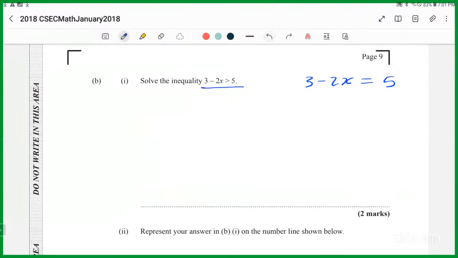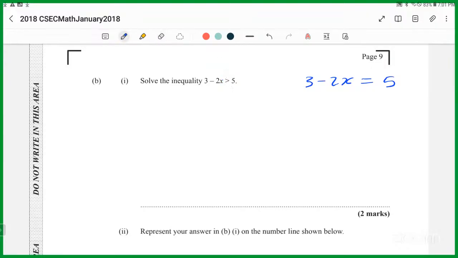The difference really is that with this one, because it is an inequality, if there comes a point in solving it where you have to multiply or divide with a negative number, you have to remember to reverse the inequality sign. That's the only thing really in terms of the steps.